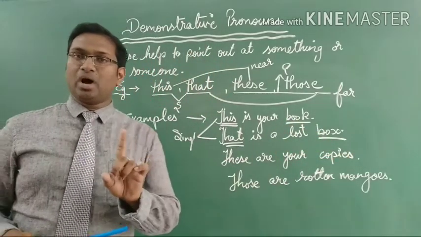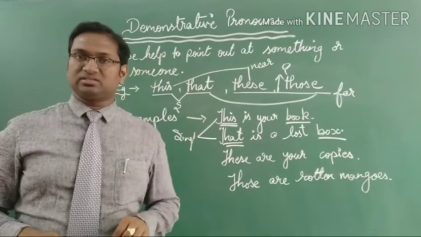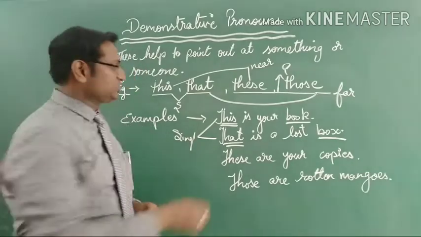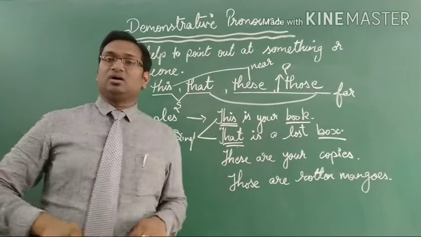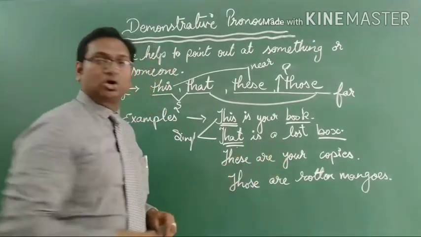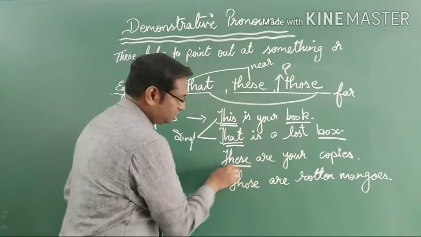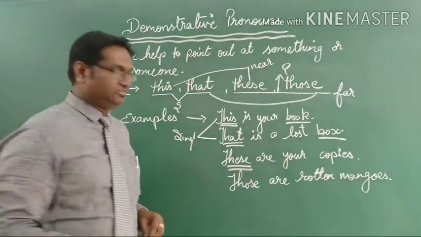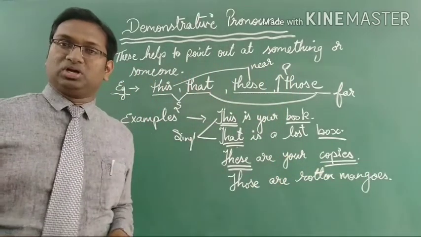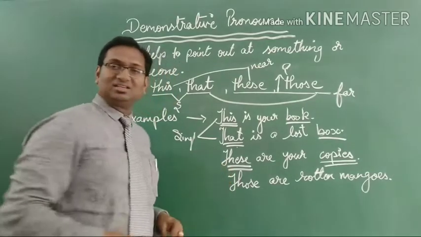We are not talking about books and boxes. We are using book and box, that is why we are using this or that. Next, these are your copies. Over here, these is the demonstrative. We are using copies, plural, that is why we are using these.